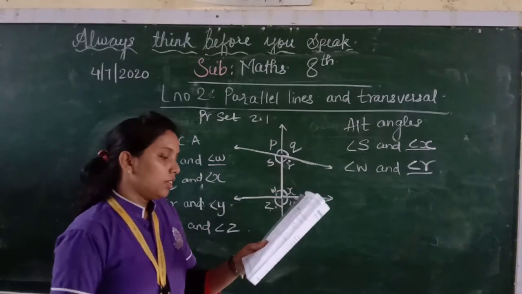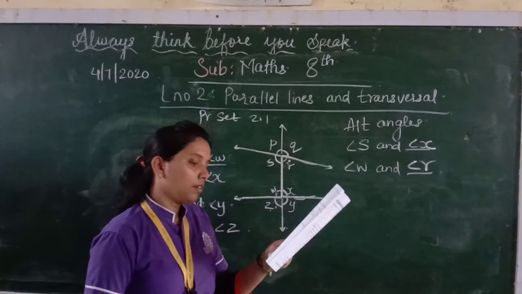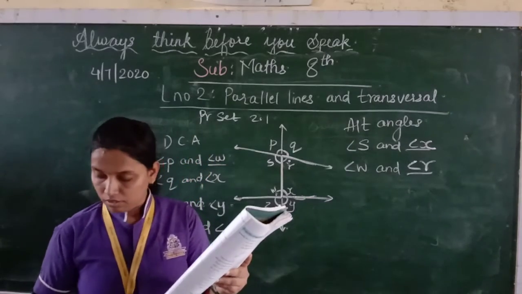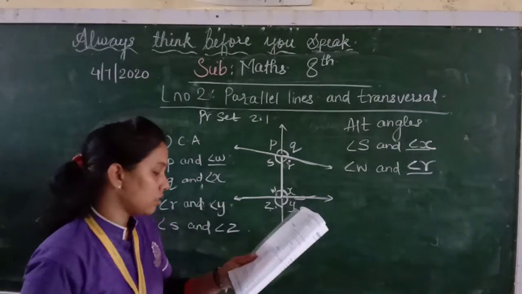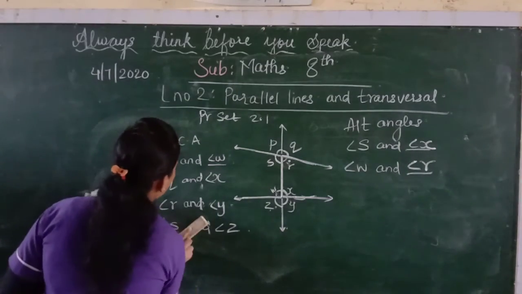Then now see the second figure, that is, observe the angles shown in the figure and write the pair of angles. Now see, take the second one.